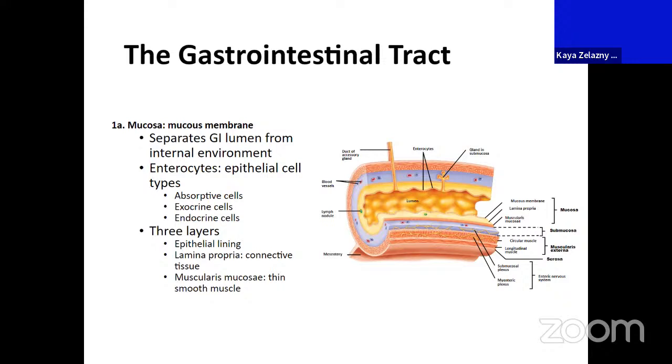Okay, so the mucosal layer separates our lumen, the internal part of that tube, from what we consider our internal environment of the body. If you remember way back to the beginning of A&P 1, we talked about internal environment and external environment, and we had that horrible square picture of a human body. I say horrible because as an anatomist, I really wanted a gingerbread person at a minimum. Okay.